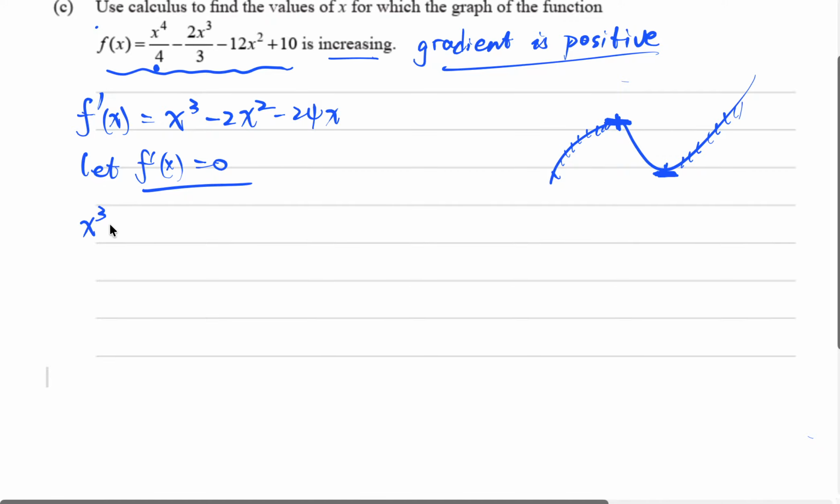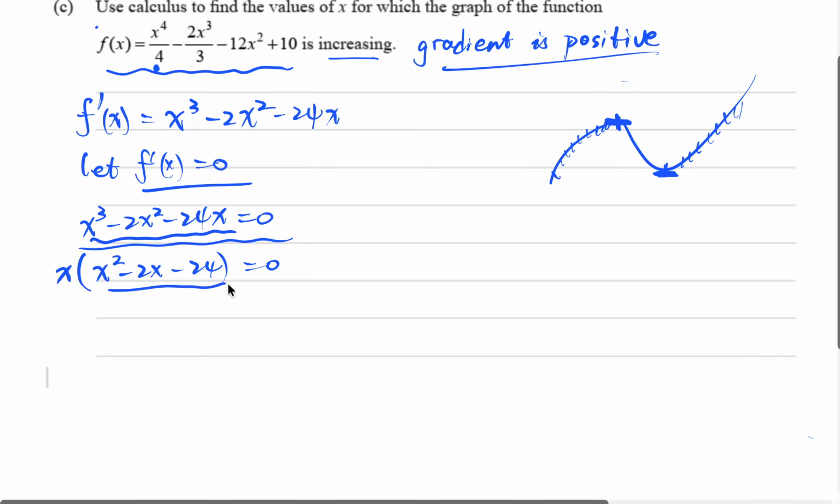So x cubed minus 2x squared minus 24x equals 0. Every time we get to this part, you can use a graphing calculator, but I will show you how to do it by hand. Always do the factorizing. I noticed this part has the common factor x, so I take the x and leave x squared minus 2x minus 24.